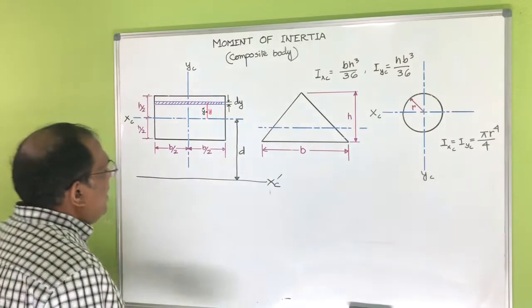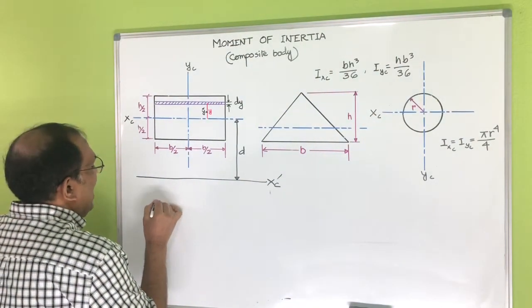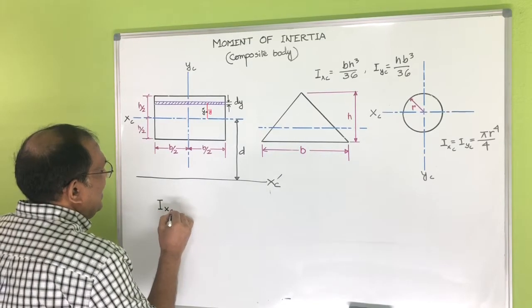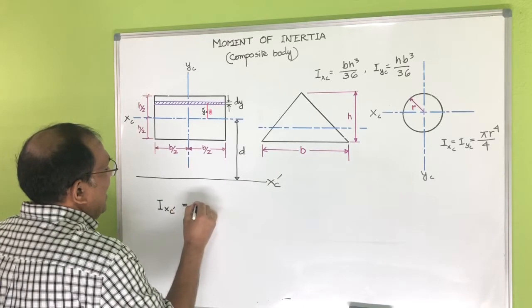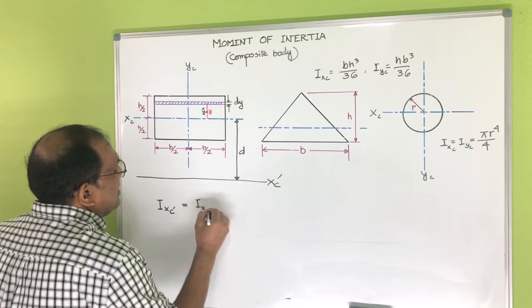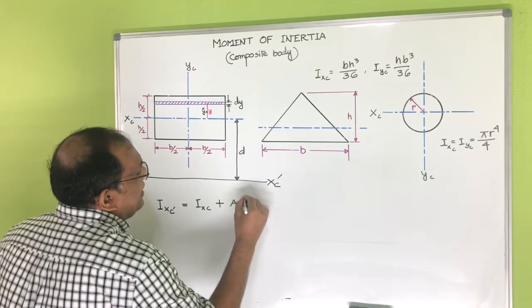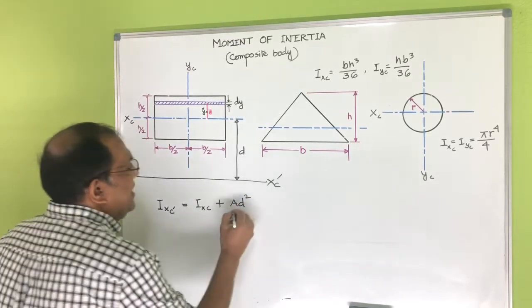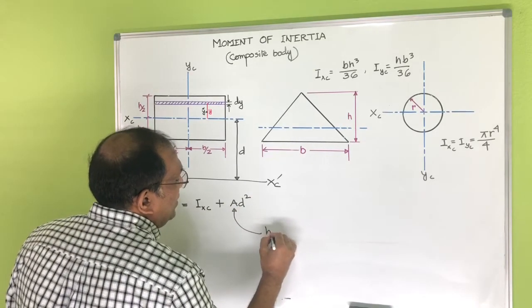The theorem is saying that Ixc prime, meaning this axis, is basically Ixc plus A d square. A is the area of that rectangle, which is actually bh.